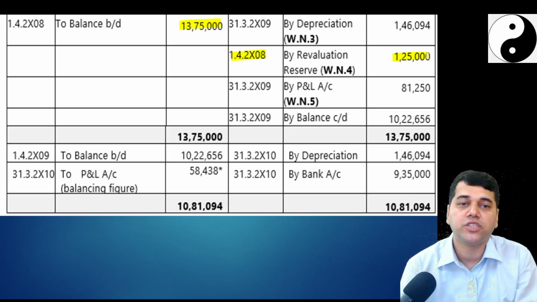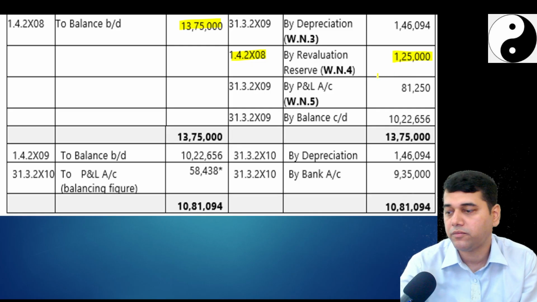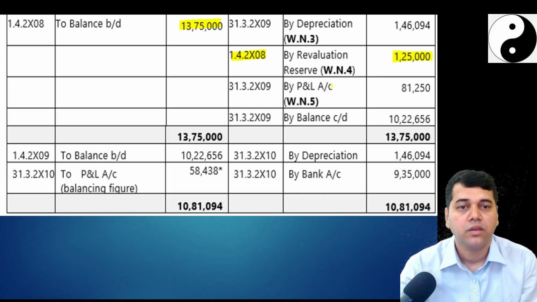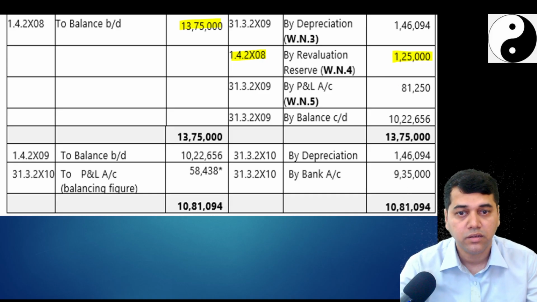By revaluation, you take only 1,25,000. Okay, how did you get this? From working note number 4. Because you had that much of revaluation surplus there. 1,25,000.